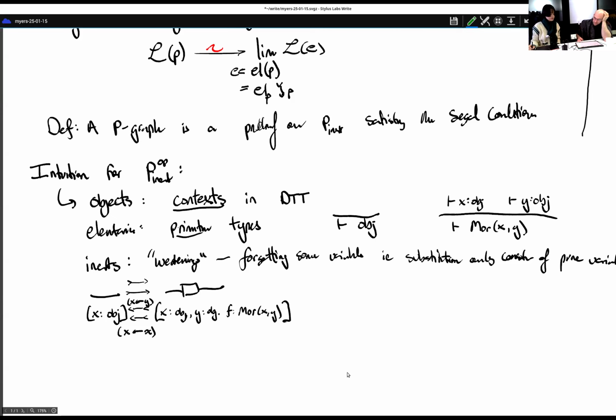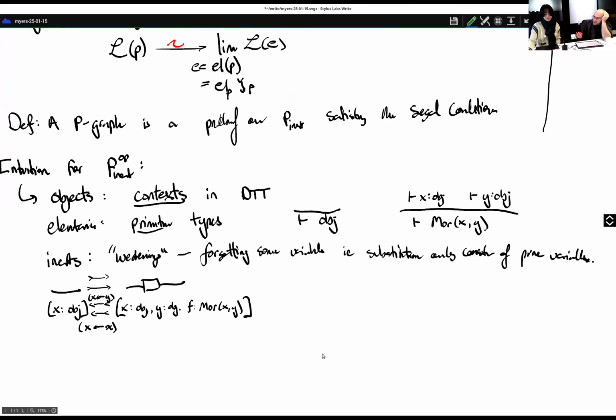So we'll come back to this because it continues going on. As I said, this is a way of thinking about essentially algebraic theories. Another way of thinking about essentially algebraic theories is freely generated dependent type theories.